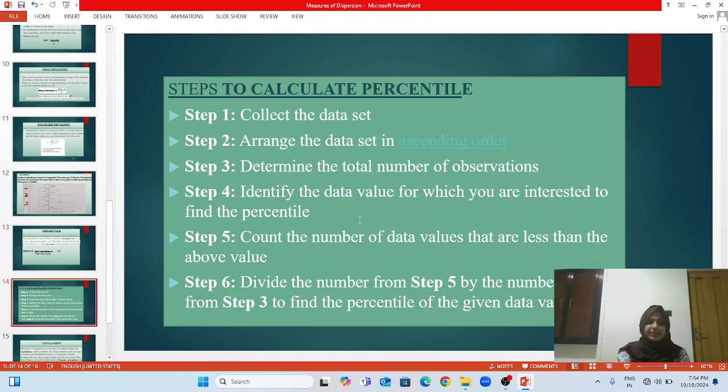So for the percentile of that particular data set where 70 is set as the data value we are interested in, we divide 3 by 10, where 10 is the total number of observations and 3 is the number of values that lie on the left side of 70. So we get 0.3 as the answer. So 0.3 is the percentile of that particular data set.